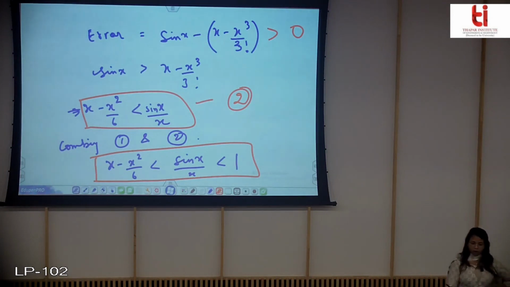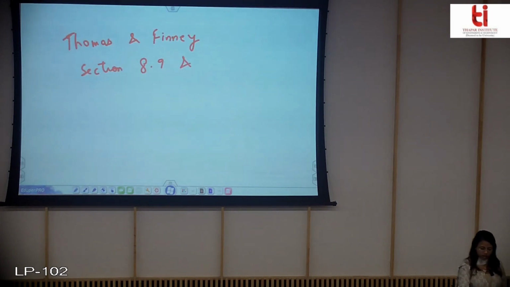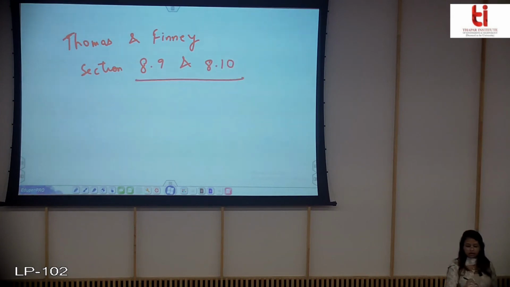For these topics, just go to Thomas and Finney sections 8.9 and 8.10 to solve more problems on this. So till now we have completed the 2 units, and the next topic, that is partial differentiation and multiple integrals, will be taken by Dr. Pathania. Thank you.